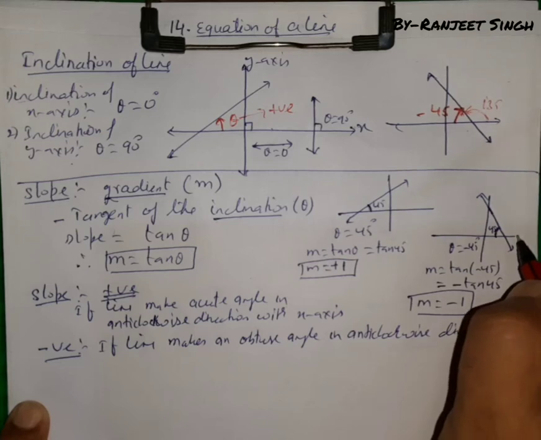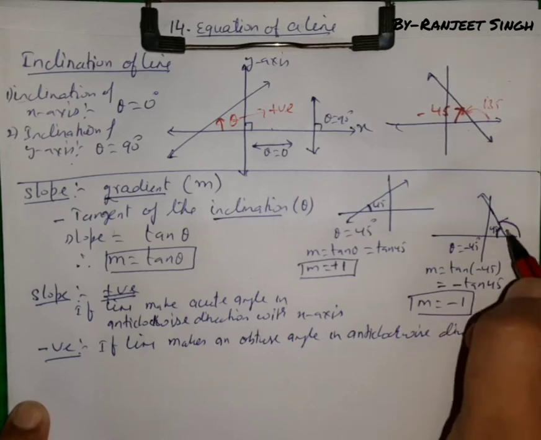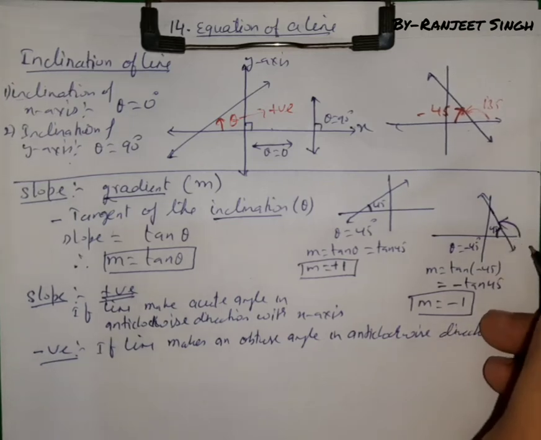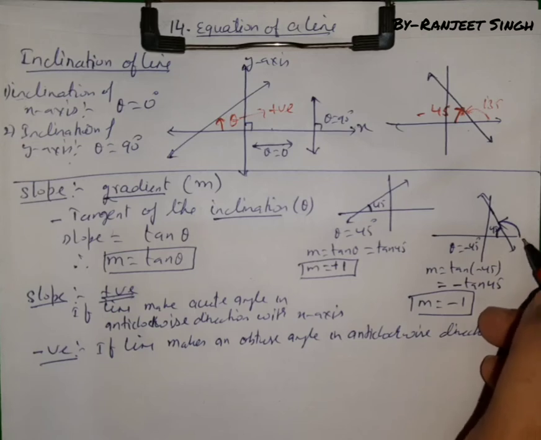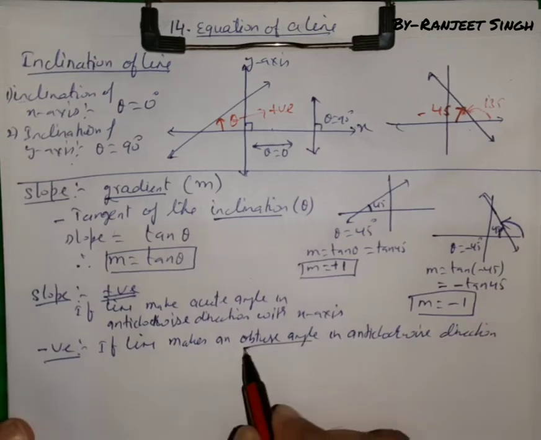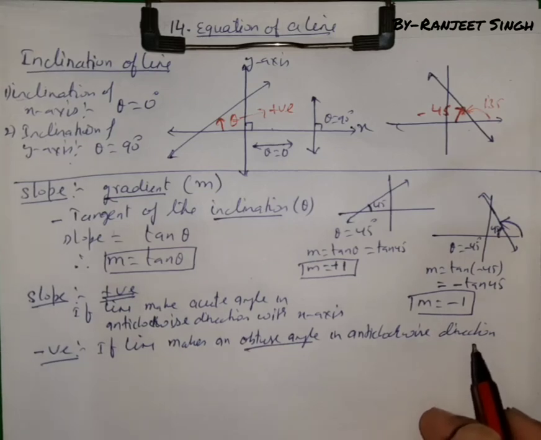So in this case, if I'm taking it in anti-clockwise direction, then it will be obtuse angle, means it will be greater than 90 degree angle. The slope will be negative if the line makes an obtuse angle in anti-clockwise direction.